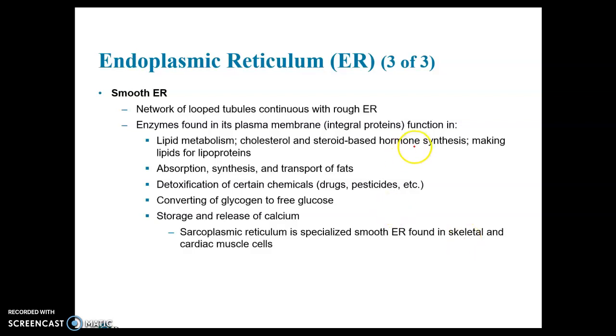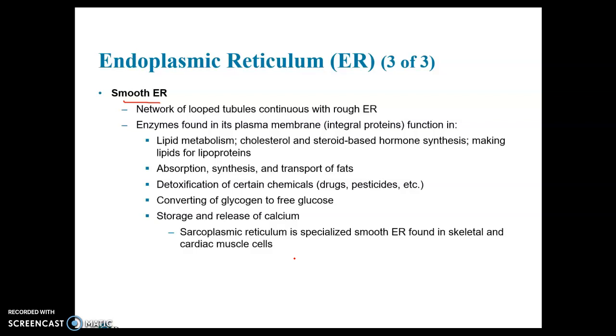Now the smooth ER does not contain ribosomes, so it doesn't synthesize proteins, but it does function in lipid metabolism, cholesterol, and steroid-based hormone synthesis, and making the lipids for lipoproteins, which are proteins with lipid attached. The smooth ER is the site for absorbing, synthesizing, and transporting fats or lipids, detoxifying certain chemicals like drugs, converting glycogen to glucose, breaking glycogen down because glycogen is chains of glucose, and then storing and releasing calcium.